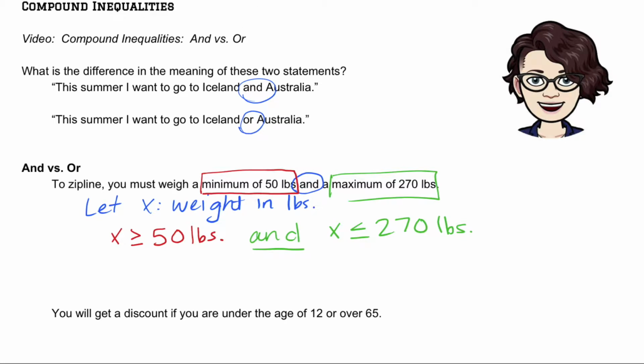So let's talk about what this looks like out on a number line, and get some more of a feel for what's going on. So on a number line, let's say here's 0. We'll just put 50 right there, and we'll put 270 out there. What would that look like on a number line? Well, we have to be greater than or equal to 50 pounds. So we can use that bracket because we can be equal to 50.